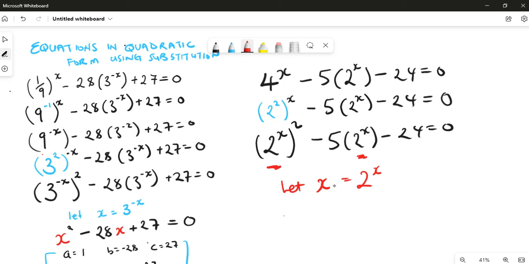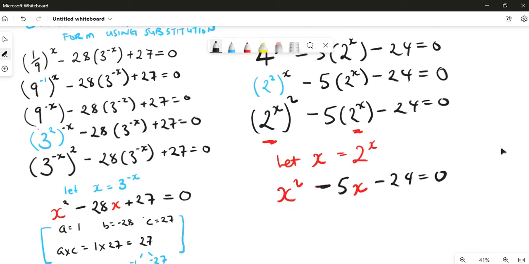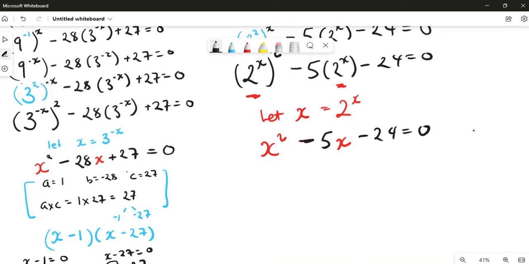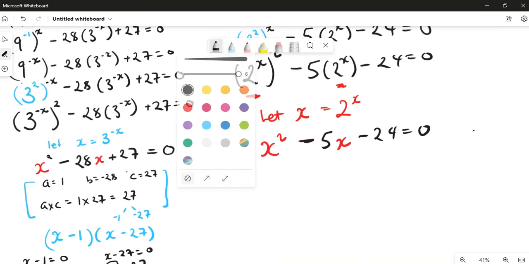So now we have x squared minus 5x minus 24 equals 0. Now we can solve this quadratic equation by factorization.